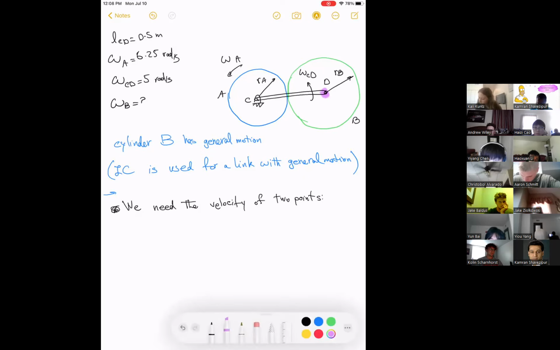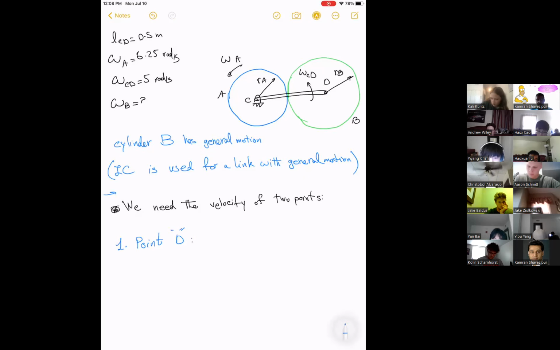So let's just go one by one. So the first one, I'm going to go with point D. Do I know its velocity? Do I know the velocity of D, or can I find it somehow? You can find it. How?